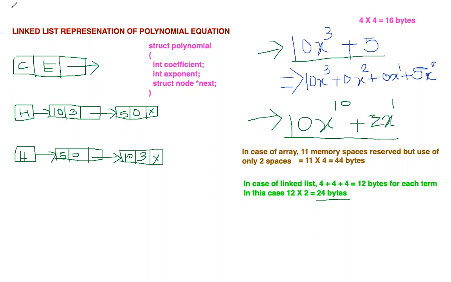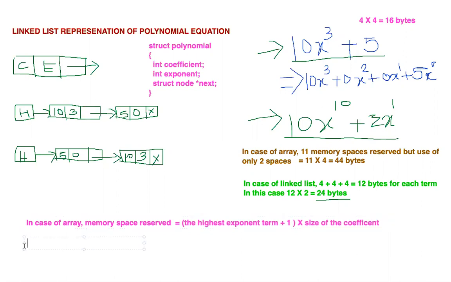So we can conclude like this: in the case of an array, memory space reserved is equal to the highest exponent term plus 1, into the size of the data type, that is the size of the coefficient.